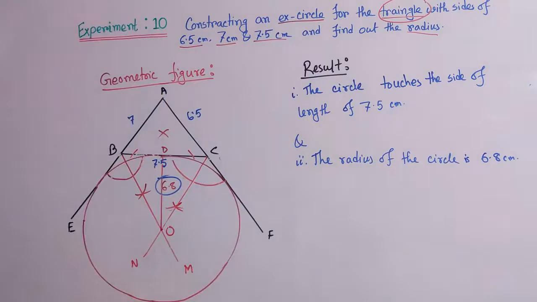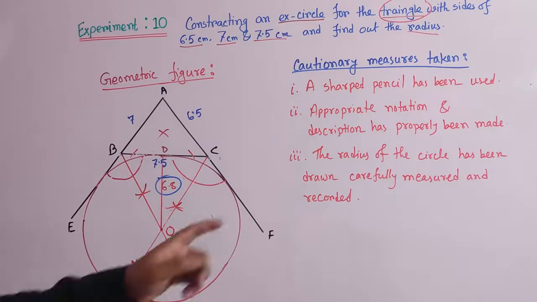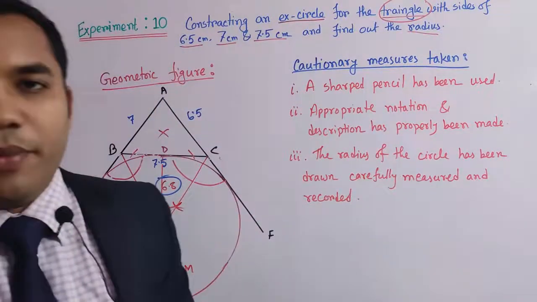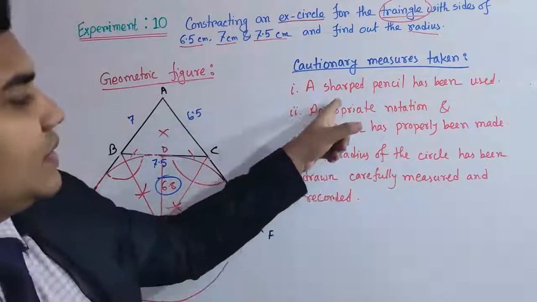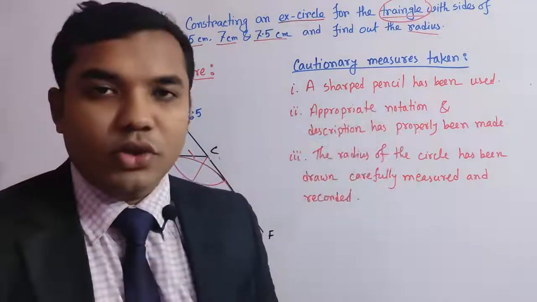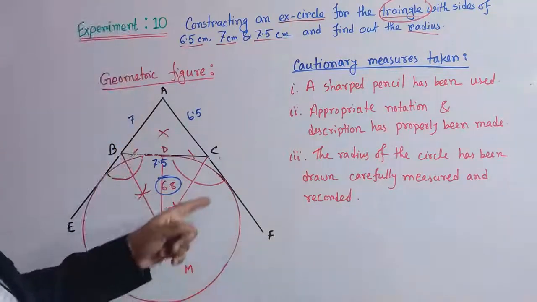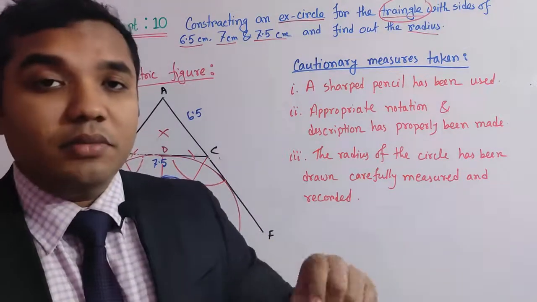Okay, after all of this, our last part is remaining. So what is our last part? Some cautionary measures are needed, or we need some awareness when we go for this type of practical. So what was our awareness? First of all, a sharp pencil has been used. We should always use a sharp pencil. You know that every angle and every drawing is very meticulous.